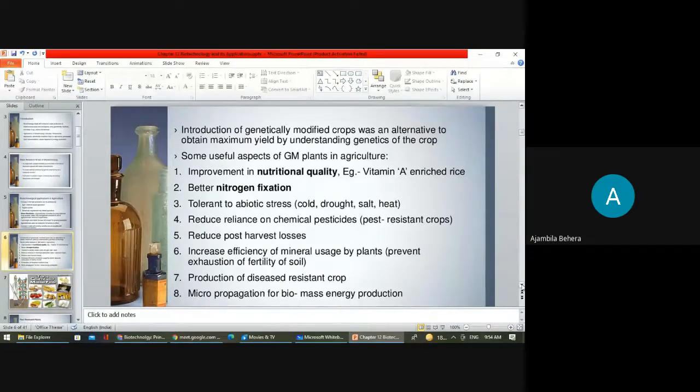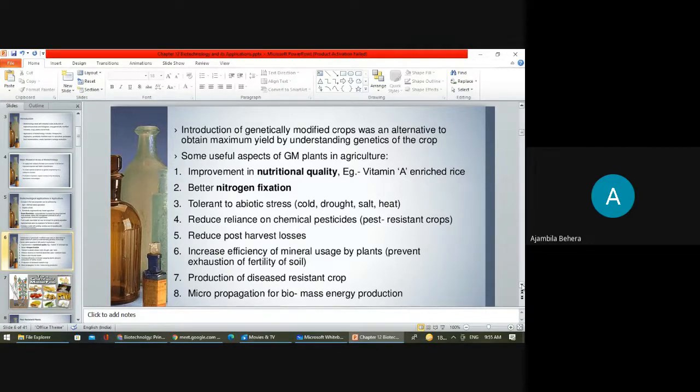So generally, many such crops are there that are destroyed just after the ripening. But if that ripening period can be extended, then that crop loss can be avoided.